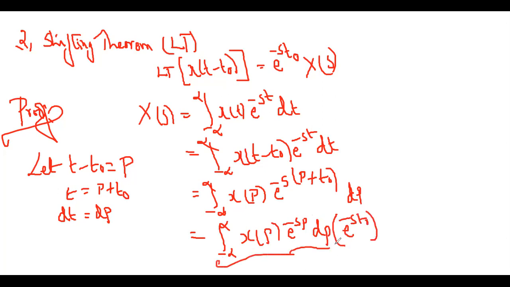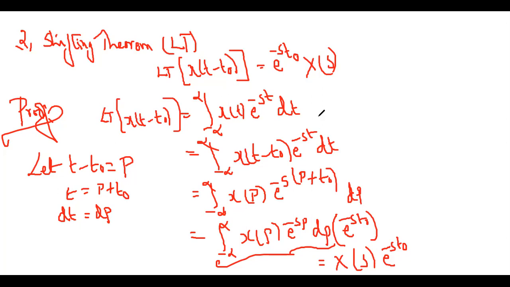This integral is the Laplace transformation definition only. So the result is X of s times e power minus s t naught. Don't think it is X of s equal to X of s, and don't cancel this one. Here you have to take the Laplace transformation of x of t minus t naught, so directly I substitute x of t minus t naught there. Understood?